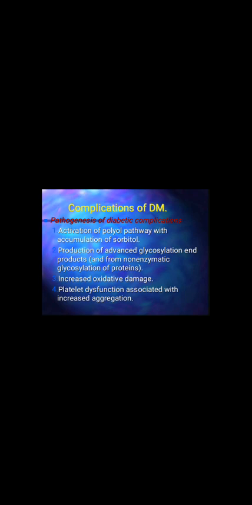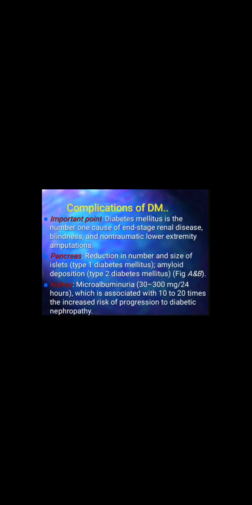An important point to note: diabetes mellitus is the number 1 cause of end-stage renal disease, blindness, and non-traumatic lower extremity amputation. You should note that it's the number 1 cause of end-stage renal disease.